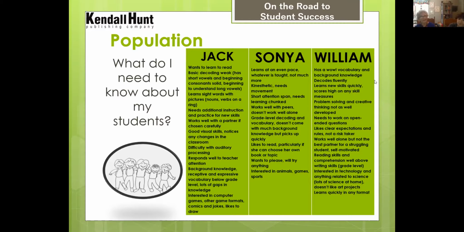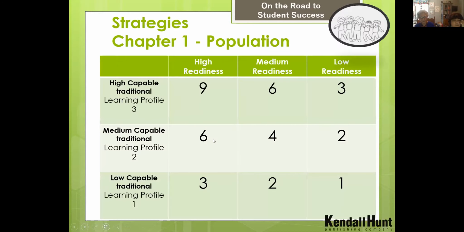Sonia just raises her hand once a week and she's good to go. So we really use this as an opportunity for us to look more carefully at our students. Some of the things on this list could come from a test score, but most of it comes from observing kids at work, from having conversations with them, from looking at what they can do as a learner.